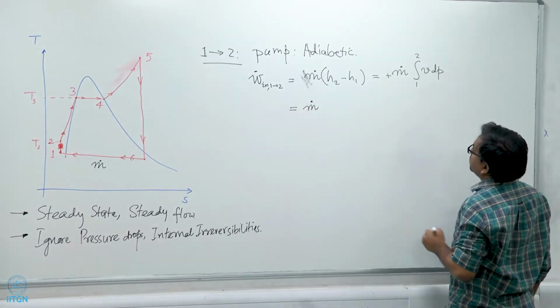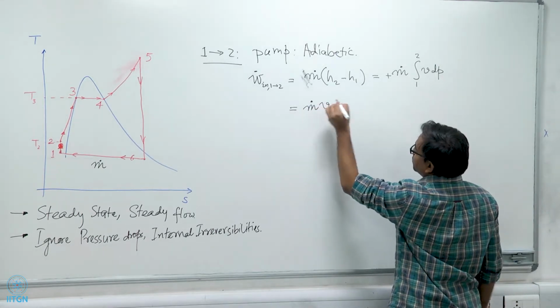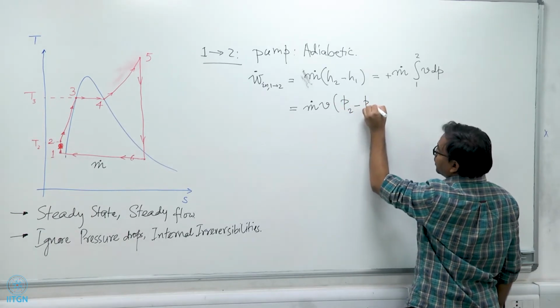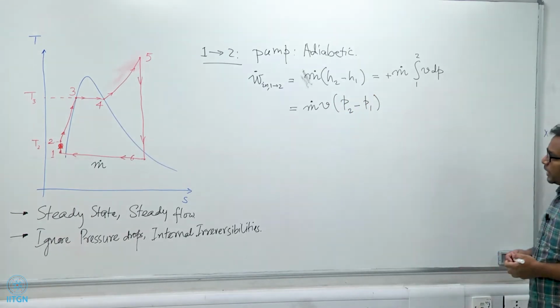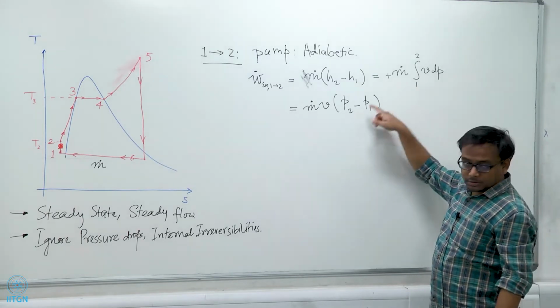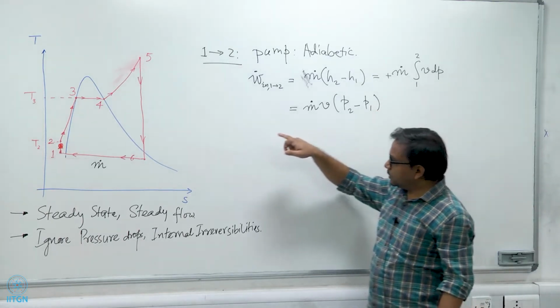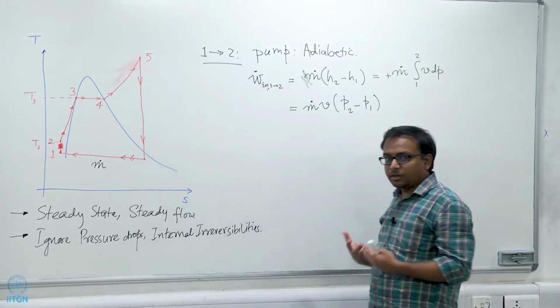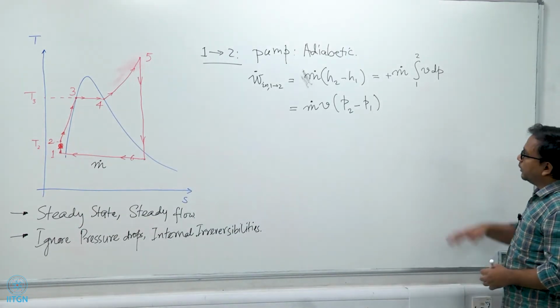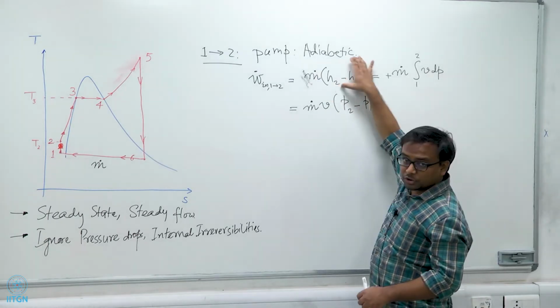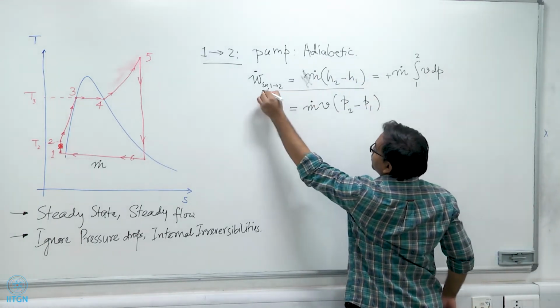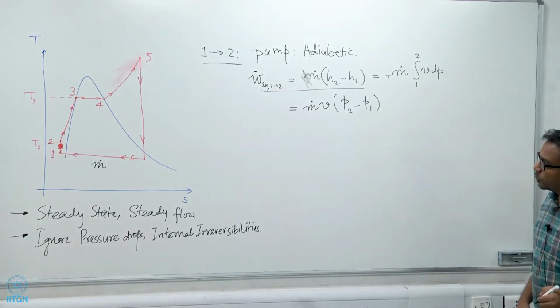You can do the calculation, and it comes out to be m dot times V times (P2 minus P1). Remember that this is the work input into the pump, assuming that the water is behaving as an incompressible liquid. If not, then the first one is more general. Okay. So, that is process 1 to 2.